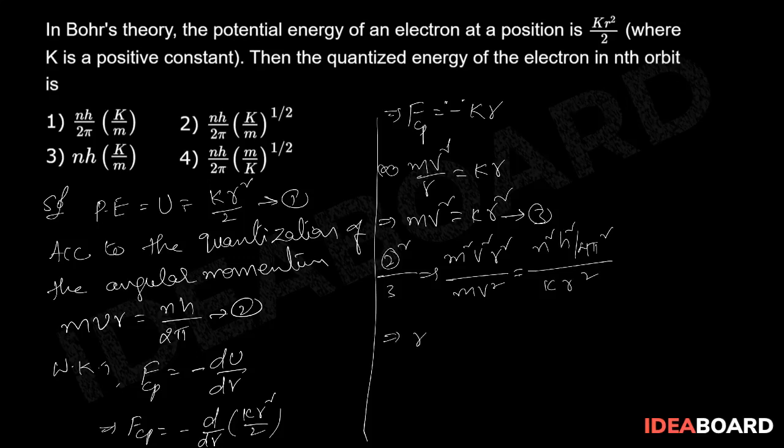So from this we get r square equals nh divided by 2 pi root k into m, equation number 4.